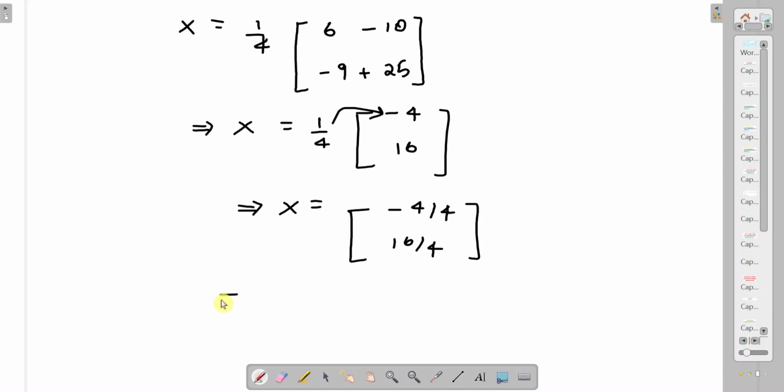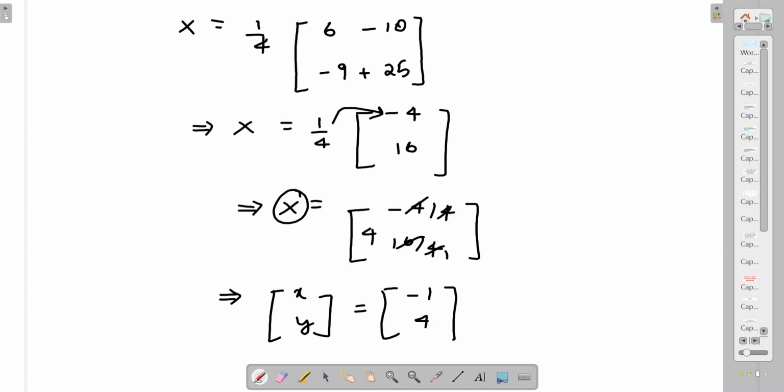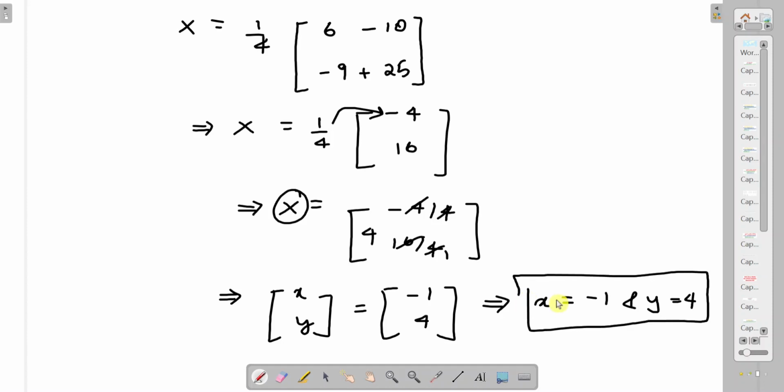The column matrix x y equals minus 1, 4. So x is minus 1 and y is equal to 4. This is the answer, so we have solved problem number 10.